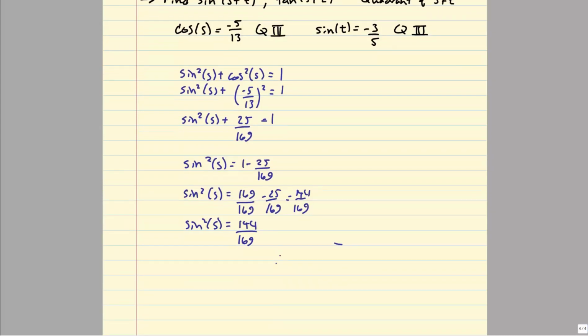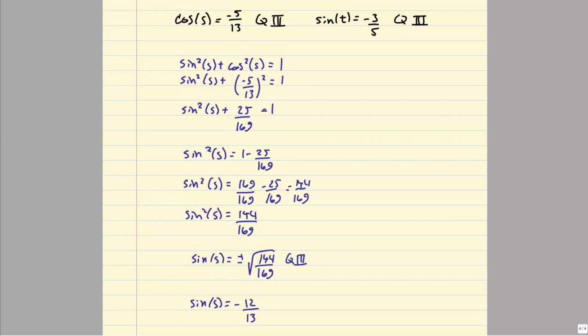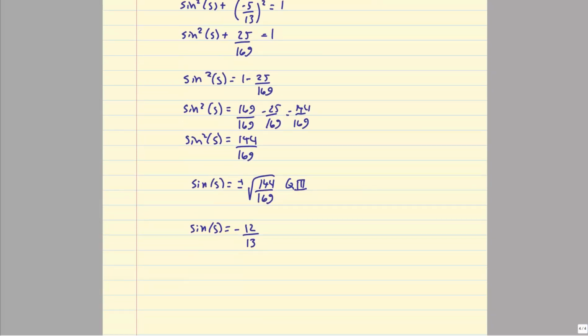Now to solve from here, I could say the sine of s would be plus or minus the square root of 144 over 169. But remember, we're in quadrant 3, so this is what I know about quadrant 3. The sign is negative. So sine of s is equal to the negative. Square root of 144 is 12. Square root of 169 is 13. So there's the sign, negative 12/13. So this is what I know about s.